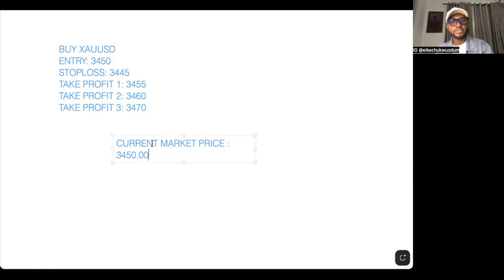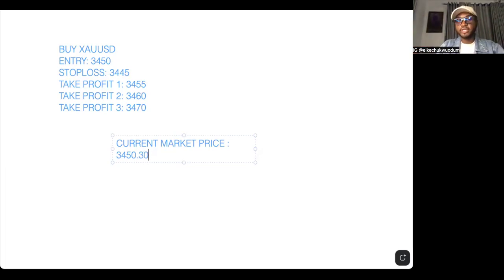So when current market price moves from 3450.00, which at this point is 0 pips, to 3450.10, price has moved by 1 pip. When it moves to 20, price has moved by 2 pips.